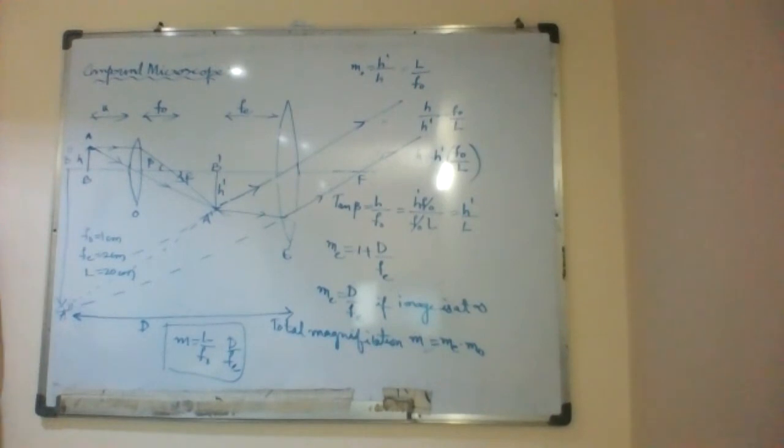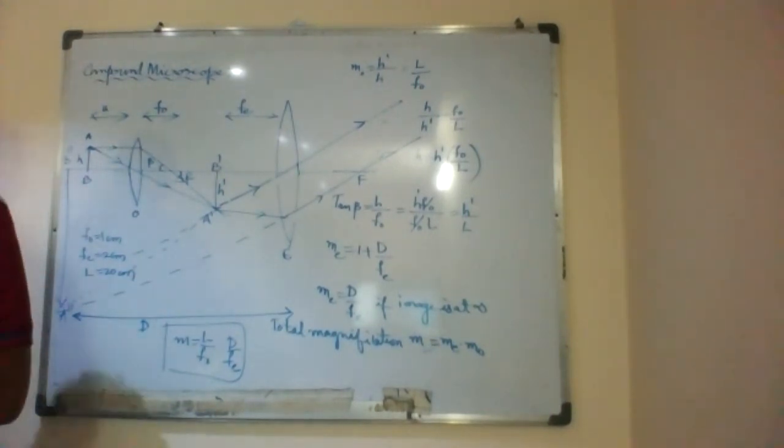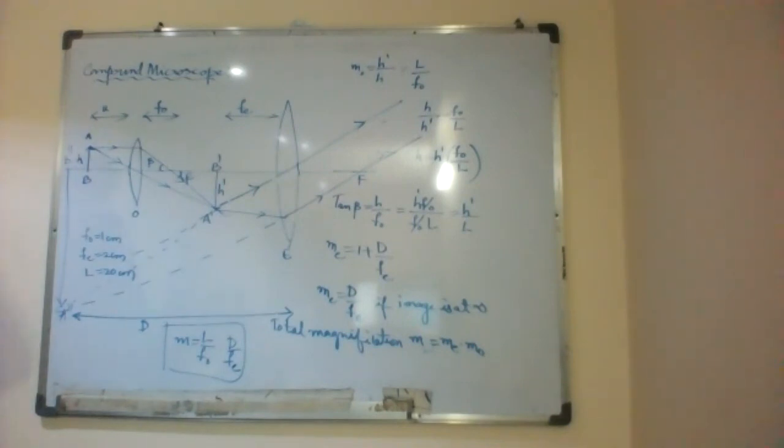Magnification doesn't have a unit. That is why, if you go to the lab, near the eyepiece it will say 10x. Did you notice this? 10x, 100x. The meaning is 10 times more.